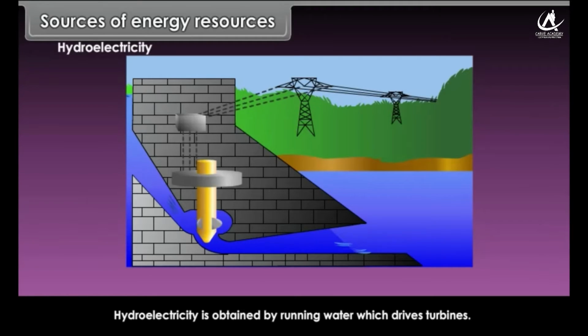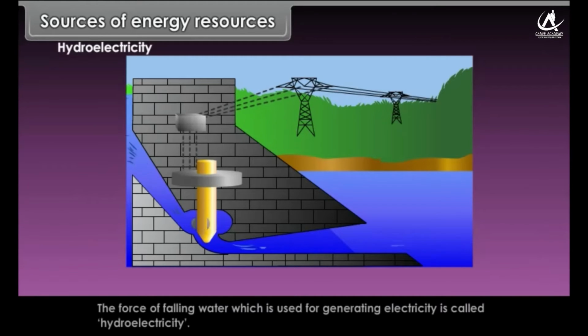Hydroelectricity is obtained by running water which drives turbines. The force of falling water, which is used for generating electricity, is called hydroelectricity.